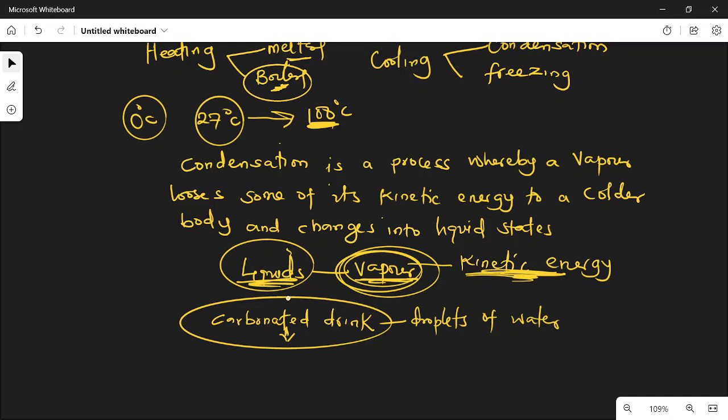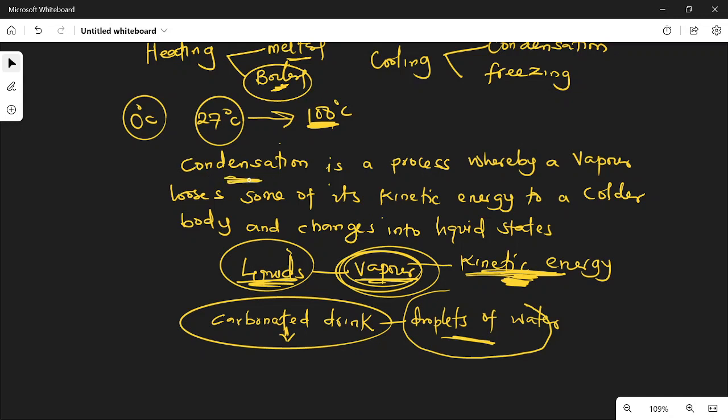So because your carbonated drink's temperature is lower and the temperature of the water vapor in the atmosphere is higher, you will now see droplets of water around this carbonated drink. The meaning is that the water vapor around it is losing the kinetic energy it acquired before, to turn into the droplets of water that you are seeing, which is a good example of condensation.